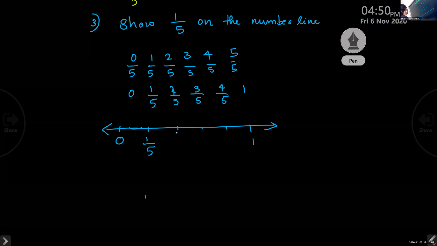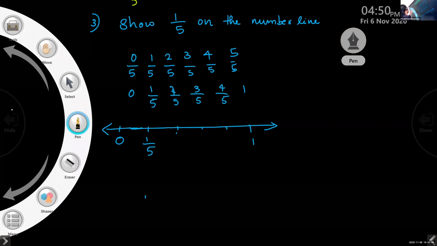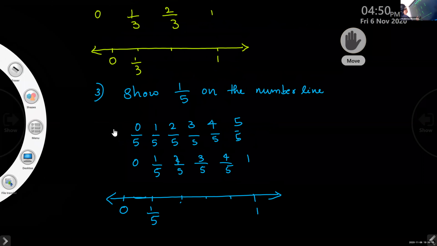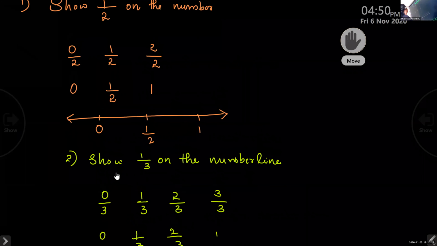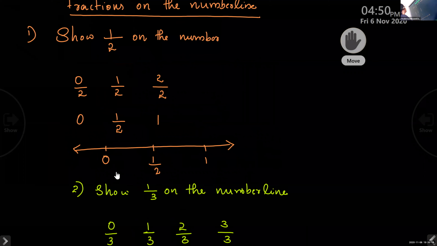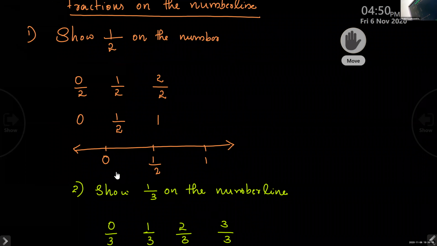Okay. Now you draw from the first one onwards. This is our first question. Show 1 by 2 on the number line.